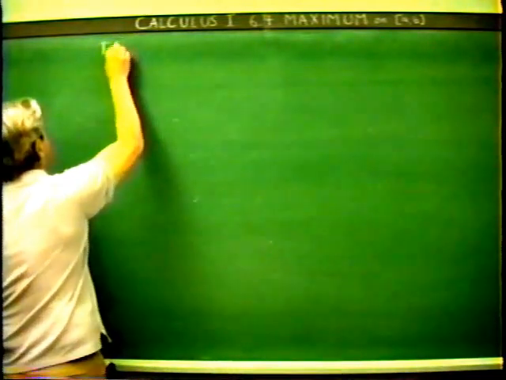All right, now we want to consider any function whatsoever on a closed interval a, b, and we want to look at what could possibly happen with respect to maximum and minimum. And this is what can happen.